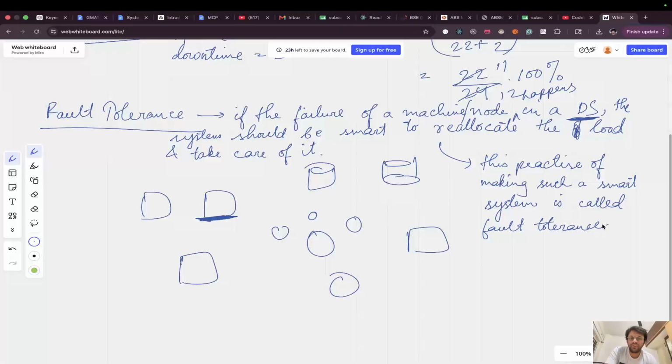And obviously, if your system is smart enough to handle such crashes, you have made it fault tolerant, which means it will be more available. So higher the fault tolerance, higher is your availability.